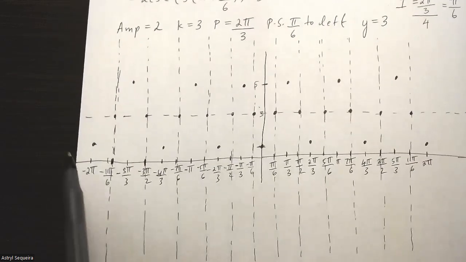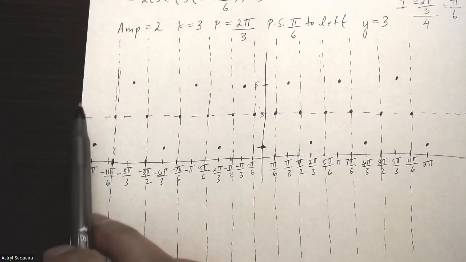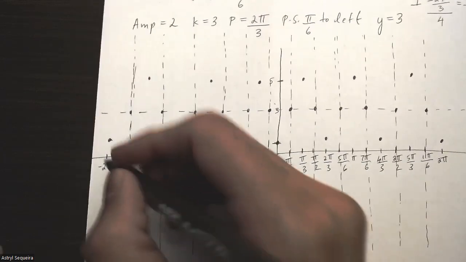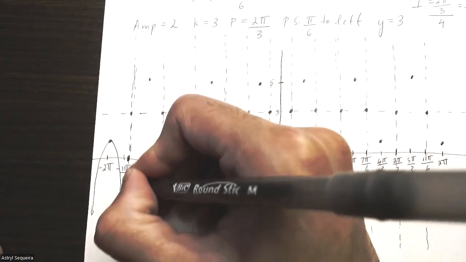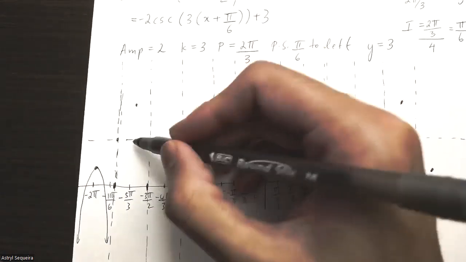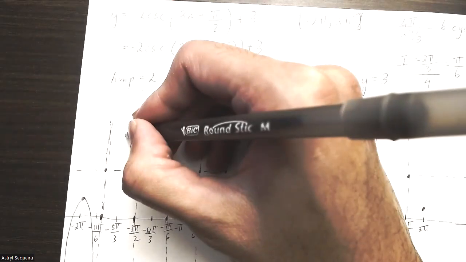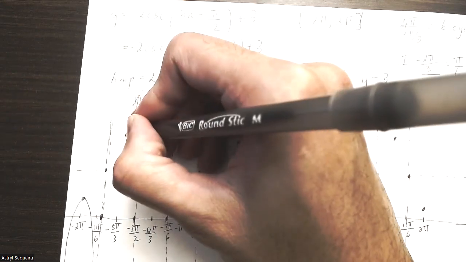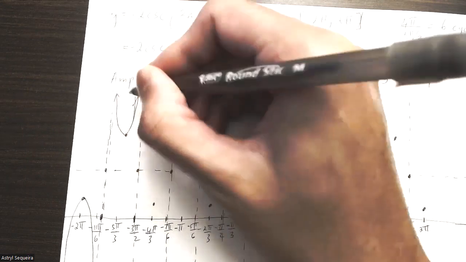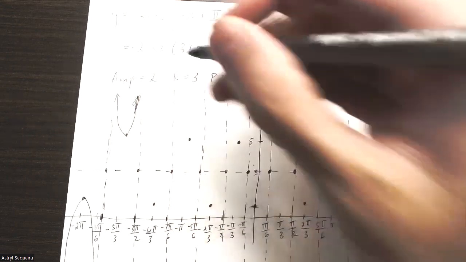Now that I've finally drawn out my asymptotes, I can draw my points out for this graph. So this point over here, it's below the axis, so you're just going to draw it going downwards like that. And this one is above the equation of axis, so we're going to draw it upwards like that. And we're going to repeat the process for basically all of these.